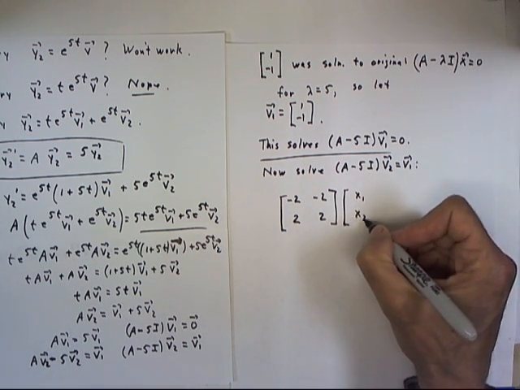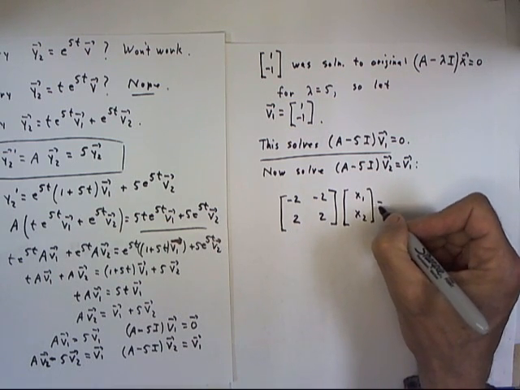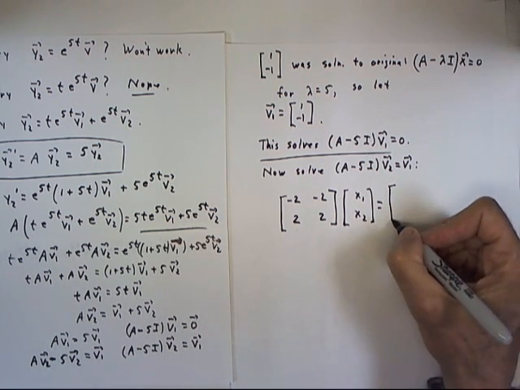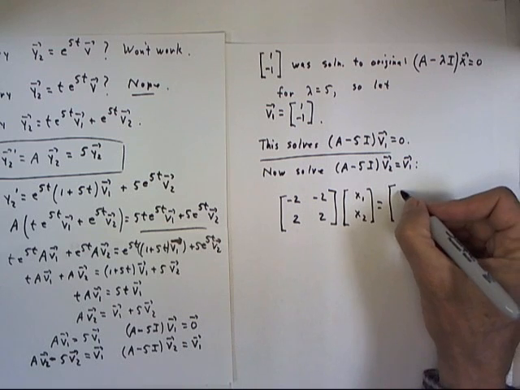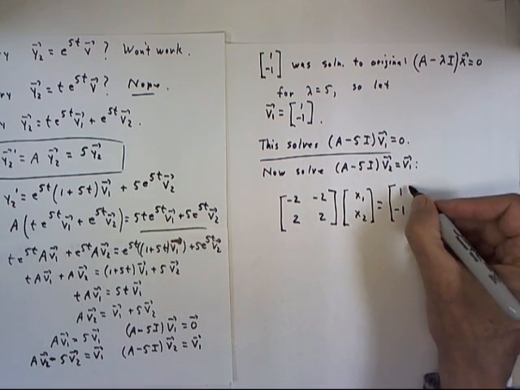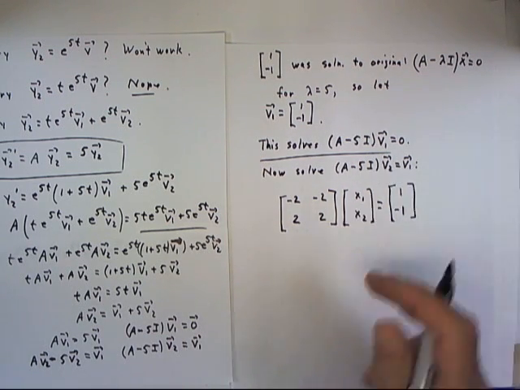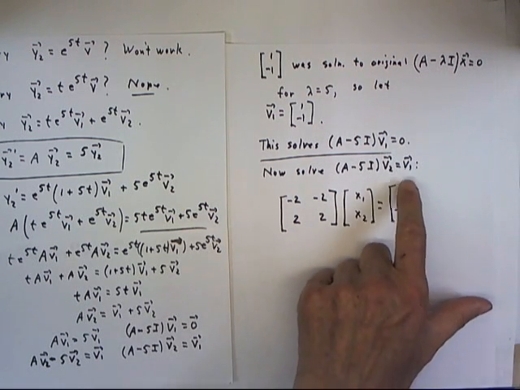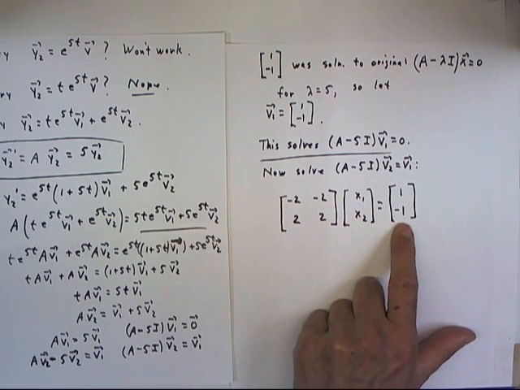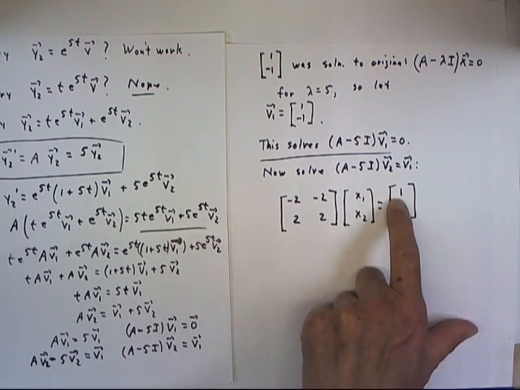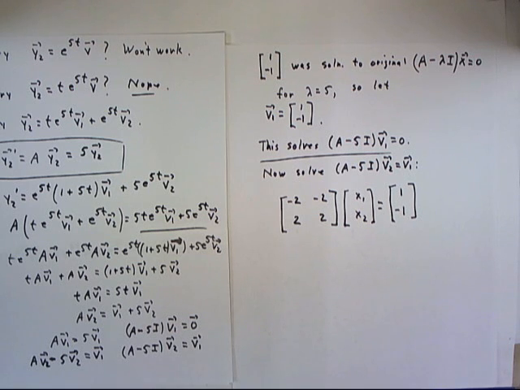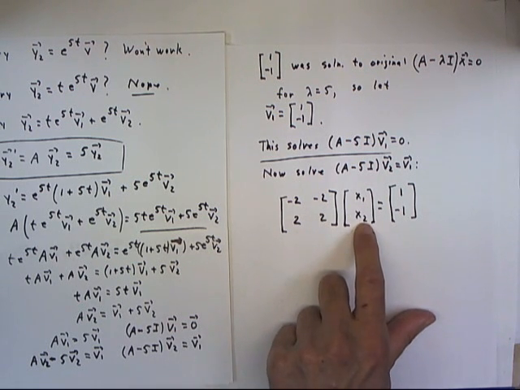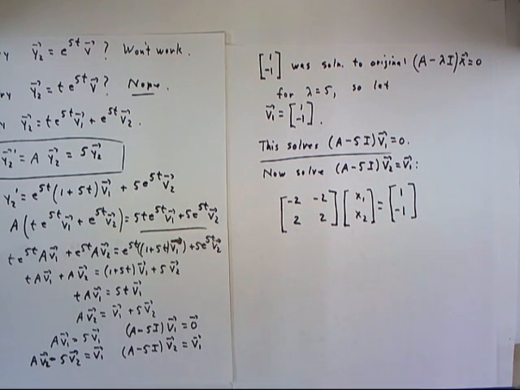Multiplied by x1, x2 should be equal now to V1, which we've chosen to be (1, -1). Remember, V1 could be any solution to this equation, but any solution is going to be a multiple of this solution, so this solution is as good as any. Okay? Now, we simply solve that for x1 and x2.